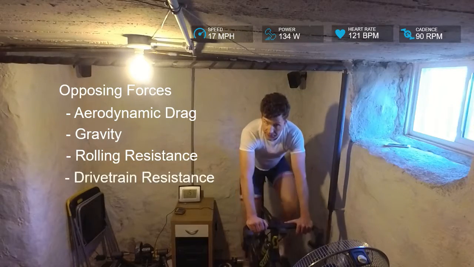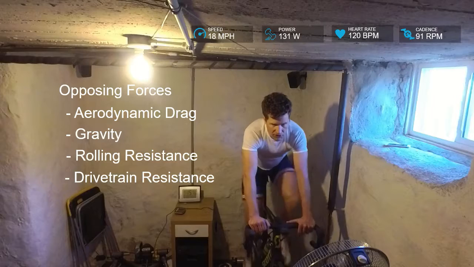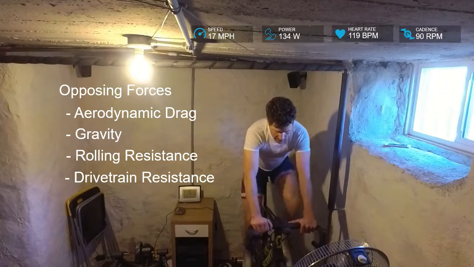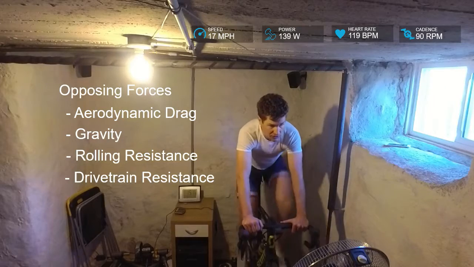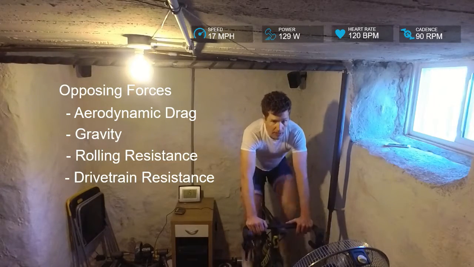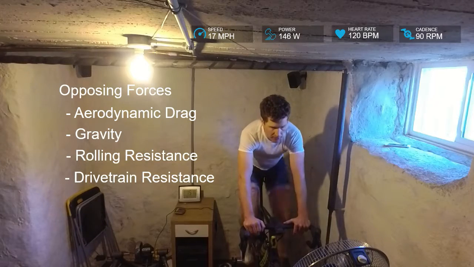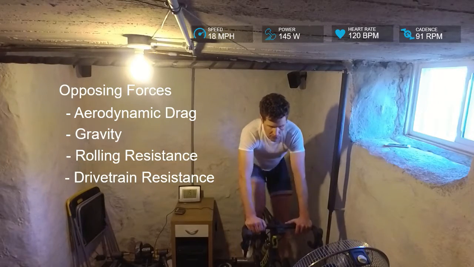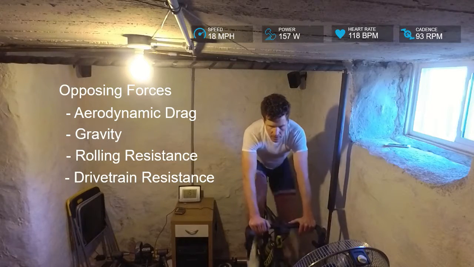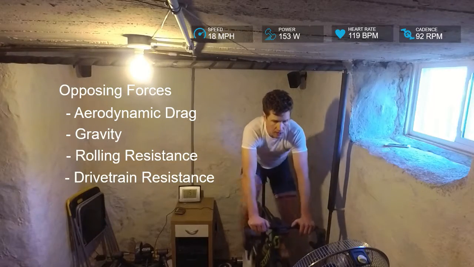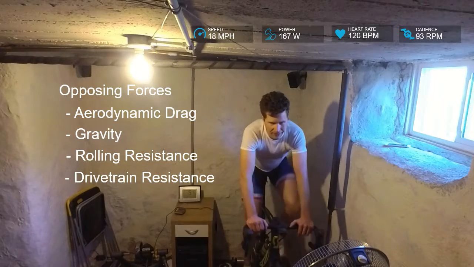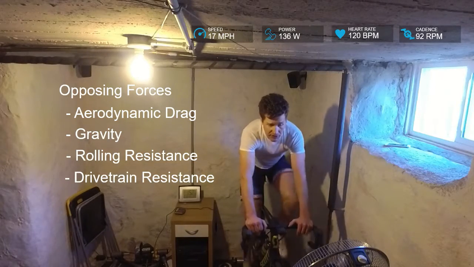Then you have drivetrain resistance, which is the friction of everything in your drivetrain that's moving. So the chain, the bearings in your hub, in your bottom bracket, in your pedals, in your derailleur pulleys, all those moving parts. If you have a clean chain, well lubed, that's usually pretty insignificant.